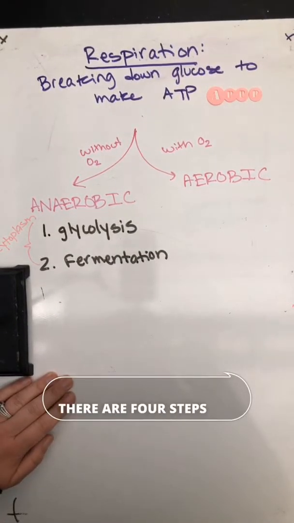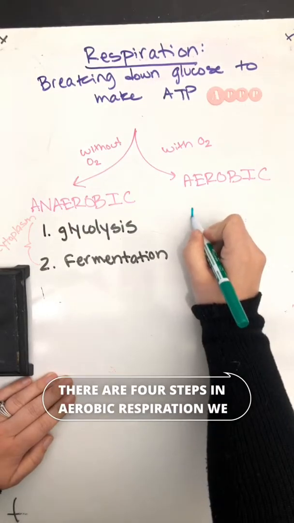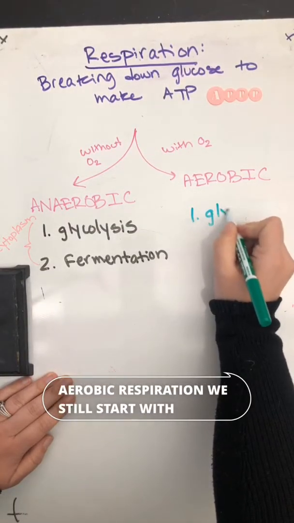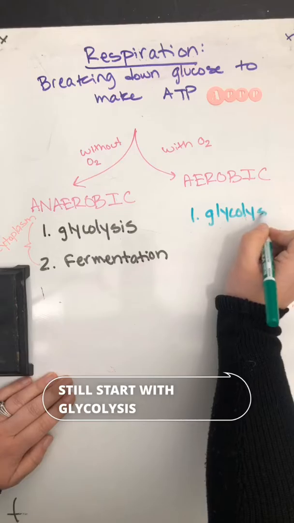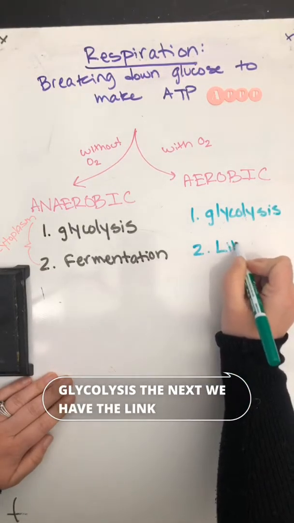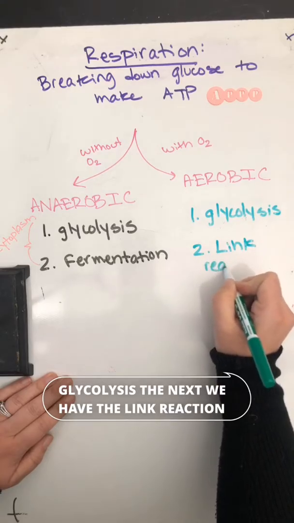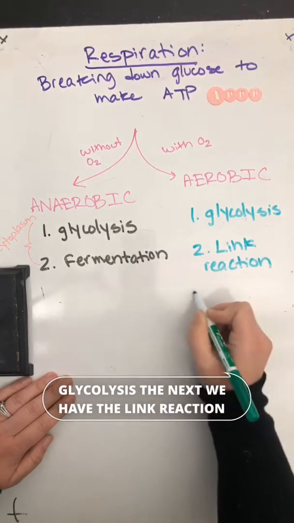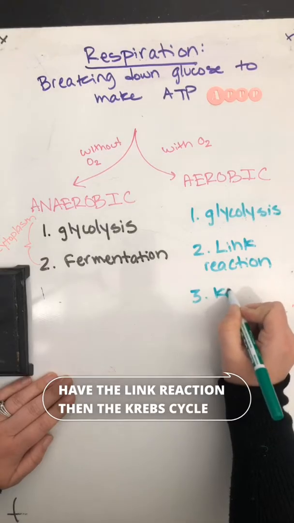There are 4 steps in aerobic respiration. We still start with glycolysis. Then next, we have the link reaction. Then the Krebs cycle.